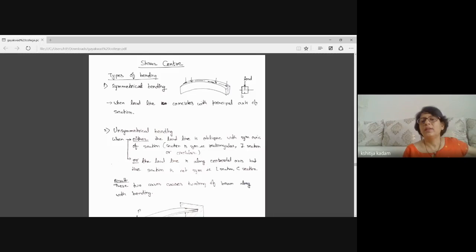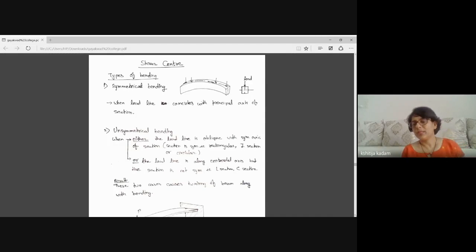In this example, I have a rectangular cross section which has a horizontal and a vertical axis of symmetry. In this sketch, the direction of load is matching with the vertical symmetrical axis. In the cross section and in the bent beam, you can see that all the loads are applied on that symmetrical axis which is shown by dash dot. So if the load line coincides with the principal axis, the beam will observe symmetrical bending.